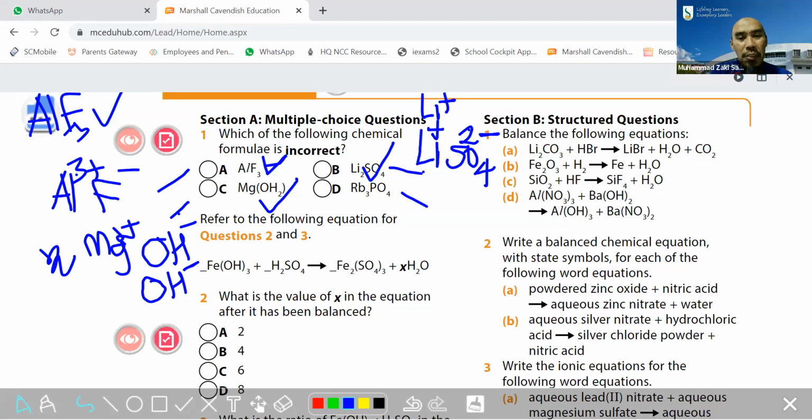Now how about this one? Wait, this is not correct. This is correct. Sorry. So this one is wrong. It's very confusing.